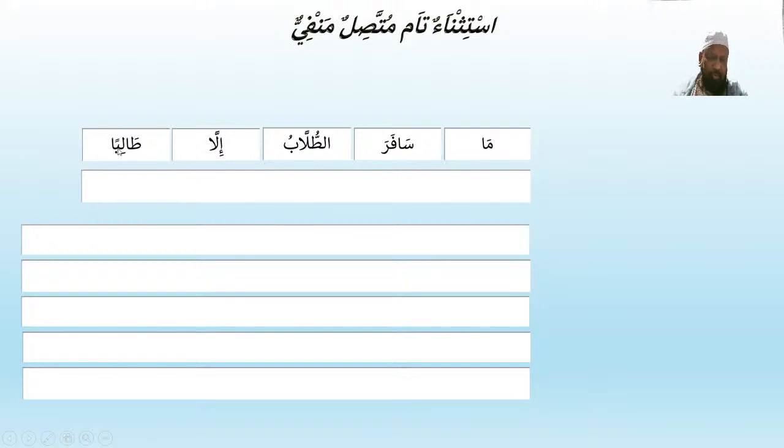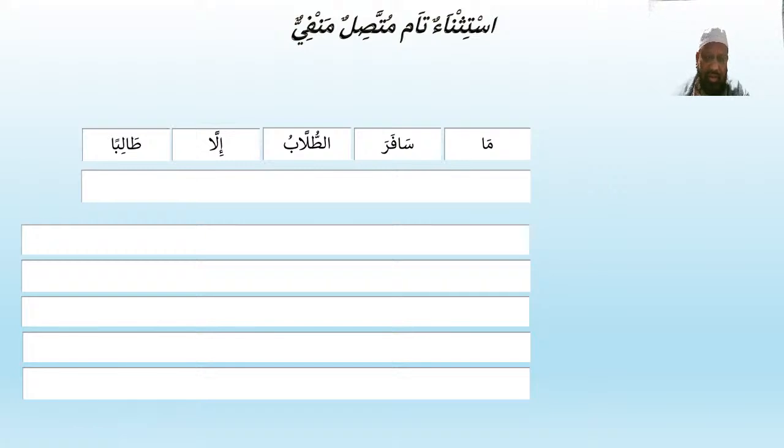So this also can be ad-dammatu adh-dhahiratu ala akhirih. But the name of the slot will be different. It cannot be fa'il anymore, because one sentence has only one fa'il. So the name of the slot will be different. Otherwise, in i'rab, it will follow.